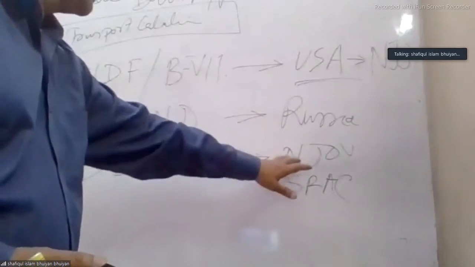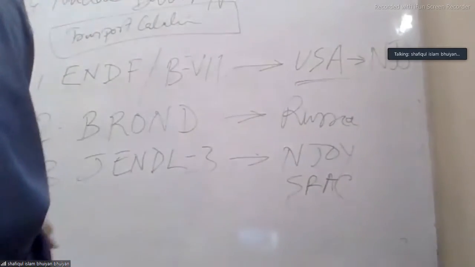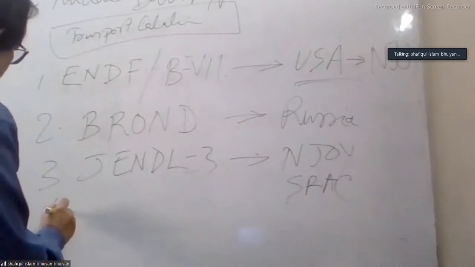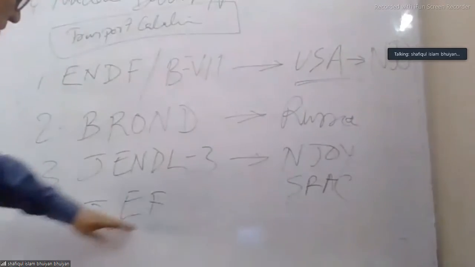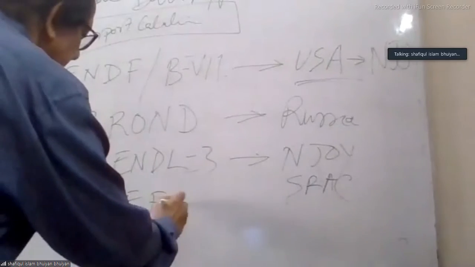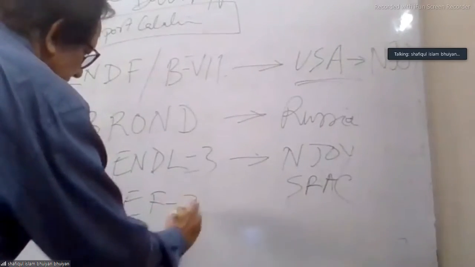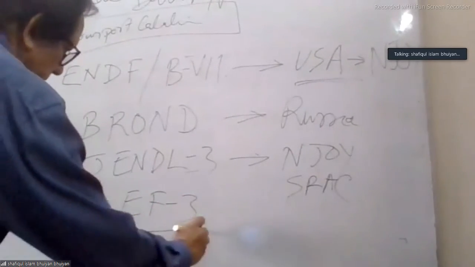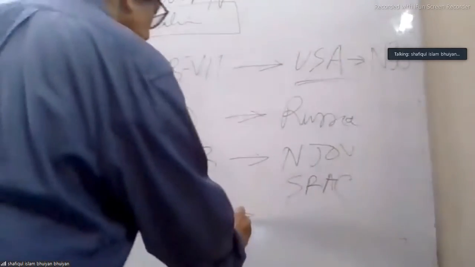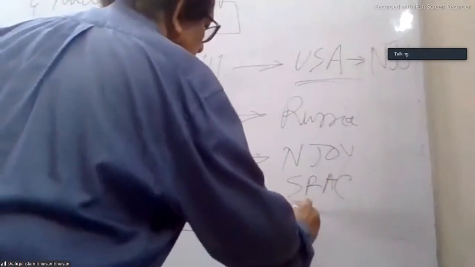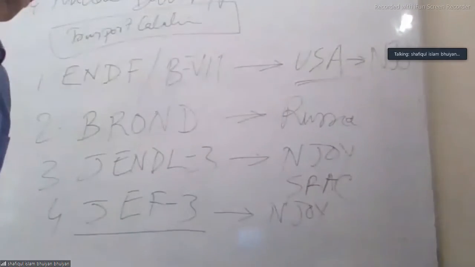So they use both NJOY and SRAC. JENDL, and number 4 is JEF, J-E-F, Joint European Files. I think it is JEF 2 or JEF 3 now. So all these European people use these JEF files, and they also use NJOY. And also IAEA has some processing codes.